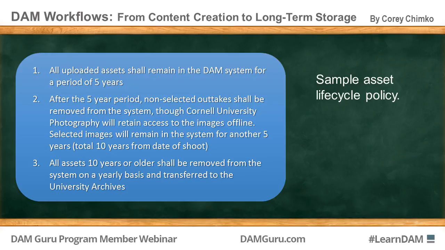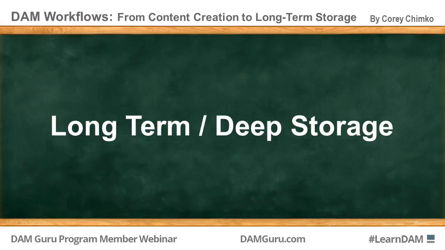The not-so-great images come out after 5. And then after 10 years, we shift everything to our university archives, which is based in the library. You may not have the luxury of offloading your assets to another organization at some point. Basically, your approach at that point would be deep storage, which we're going to talk about in a minute. Long-term deep storage.